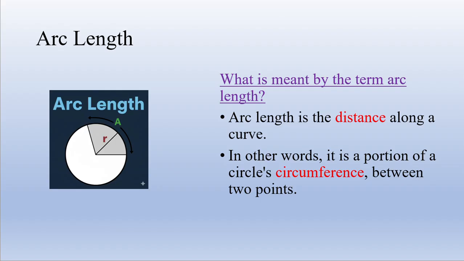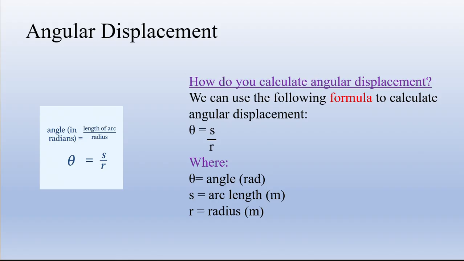Now that we understand these two terms, angular displacement and arc length, let's have a look at the formula used to calculate angular displacement. The formula is: angle in radians equals length of the arc divided by radius.